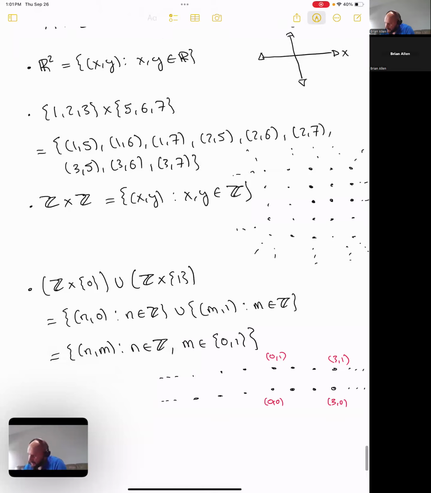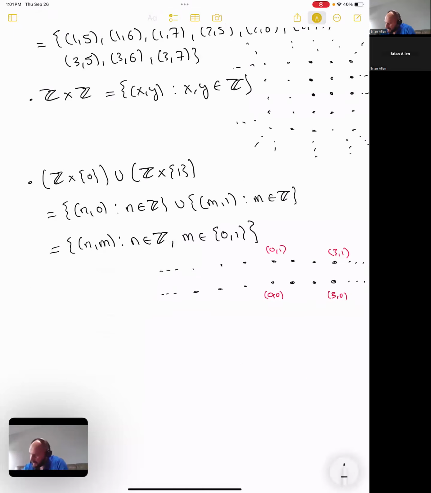And just to leave you with an open-ended question here. So I can take the Cartesian product as many times as I want, right? Which I haven't done yet. Let me do one example before I go a little further with this. So for instance, I can now also talk about Z cross Z cross Z cross Z. What is that?